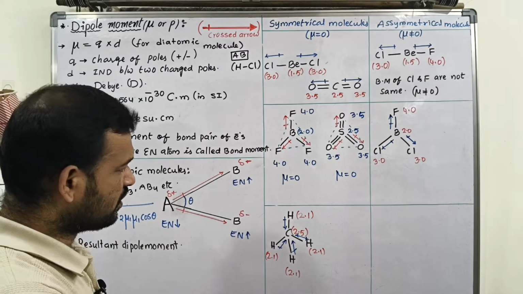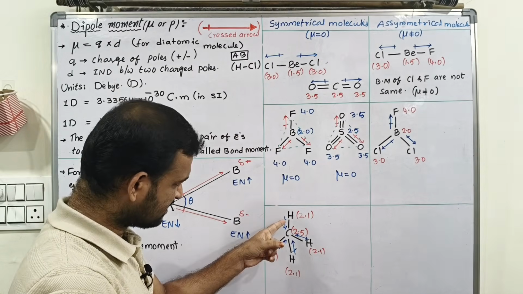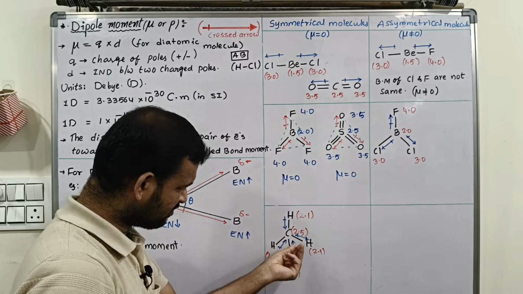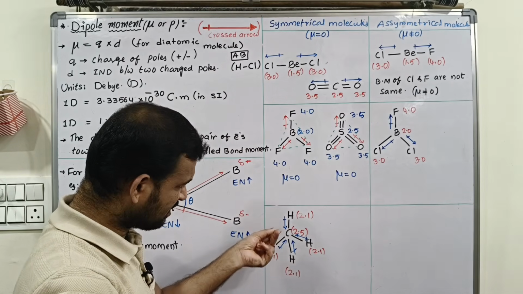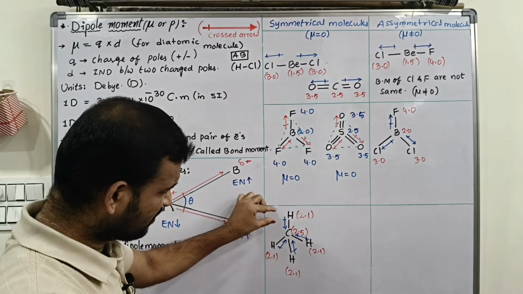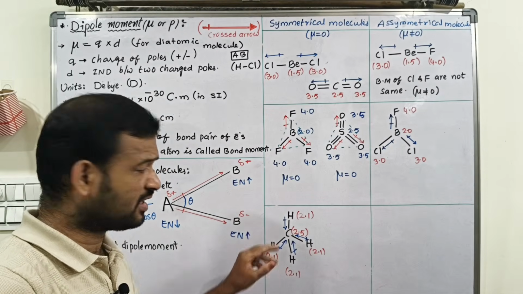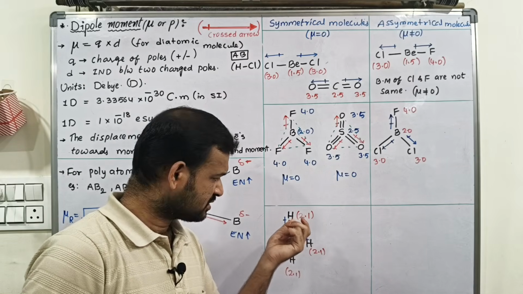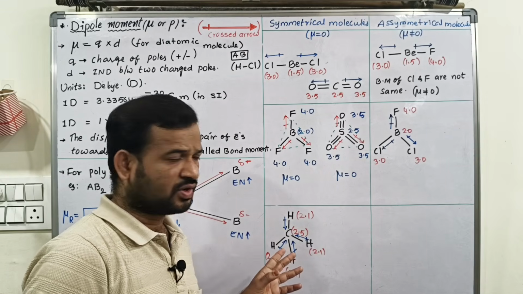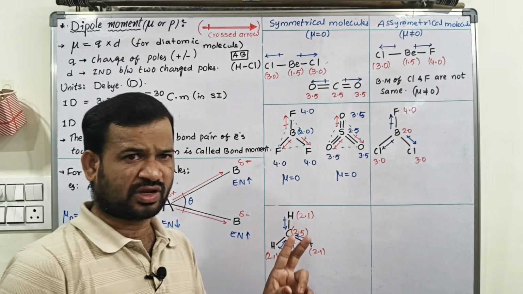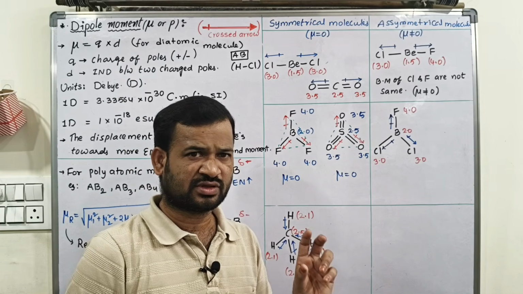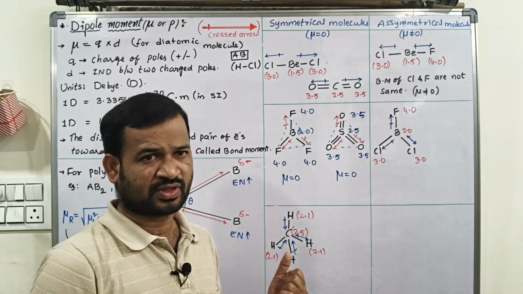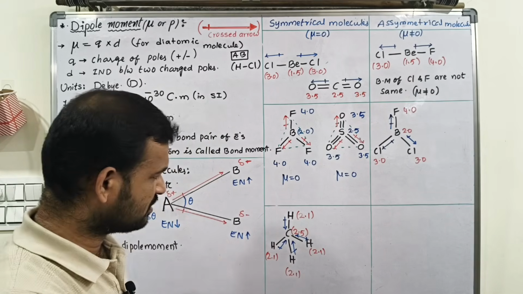Clear? The bond moment of this one will be cancelled by the remaining 3. Like this, the bond moment of each one is cancelled by the remaining 3 in the tetrahedral structure, which has the same type of bonded atoms. If a molecule contains the same type of bonded atoms without lone pairs, the dipole moment is equal to 0.